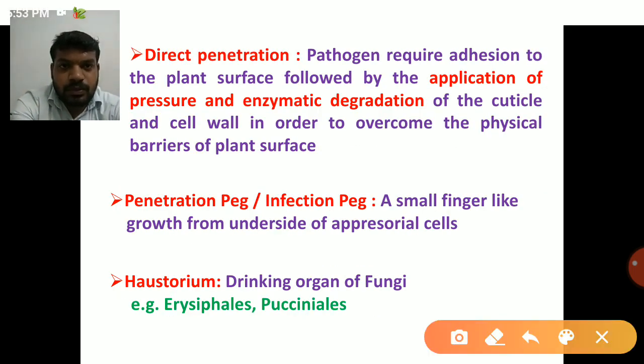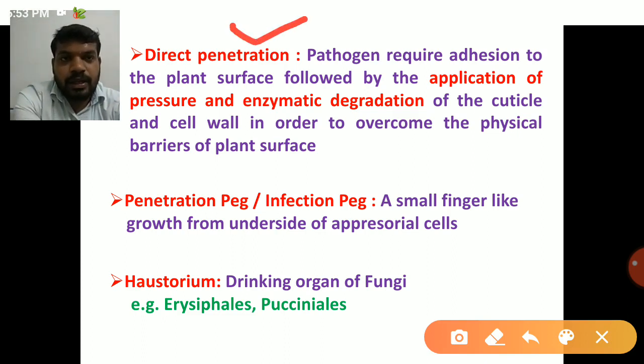Direct penetration is an example of an active invader. The pathogen requires adhesion to the plant surface, followed by the application of pressure and enzymatic degradation.